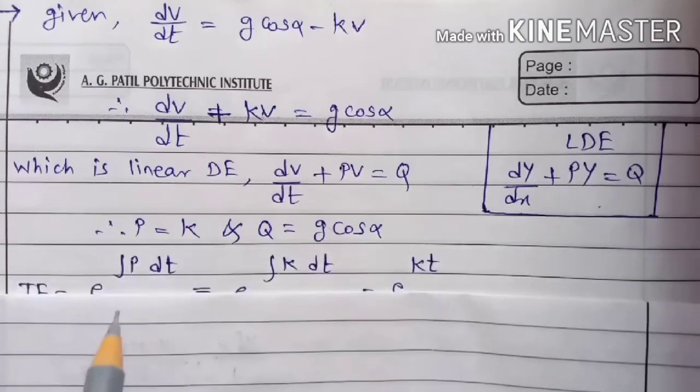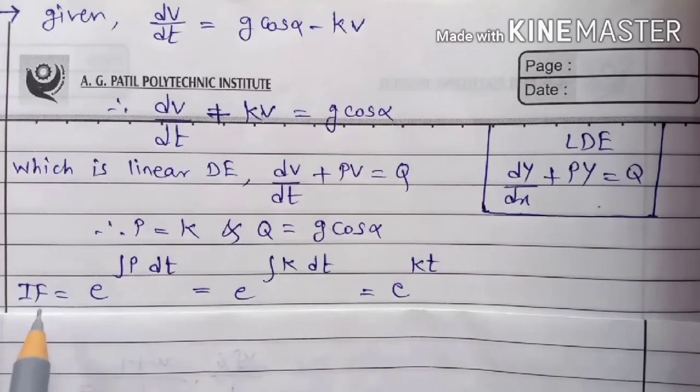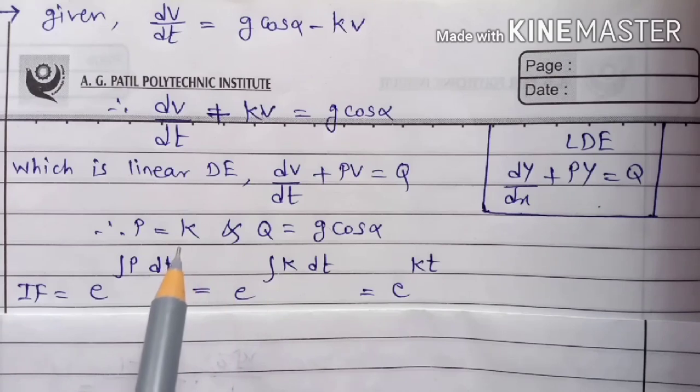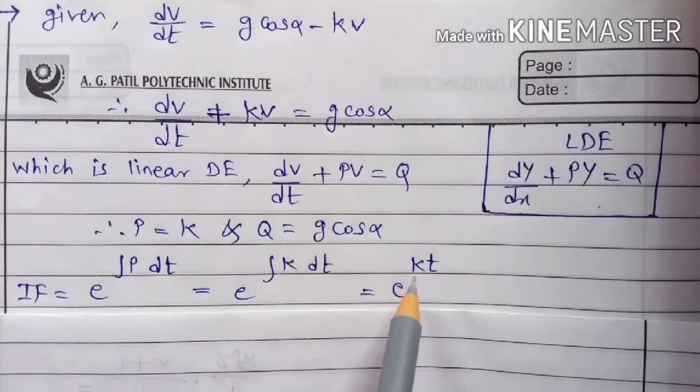Now we find the integrating factor, that is IF. Integrating factor's formula is e raised to integration p dt. So e raised to integration, we put the value of p as k, into dt. Integration of k is kt. So the integrating factor is e raised to kt.